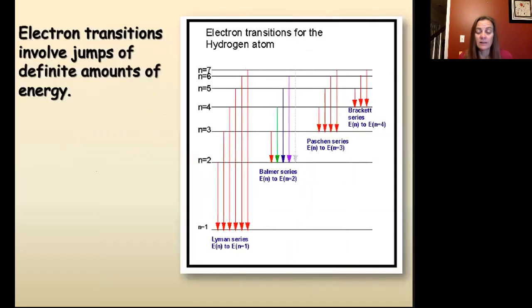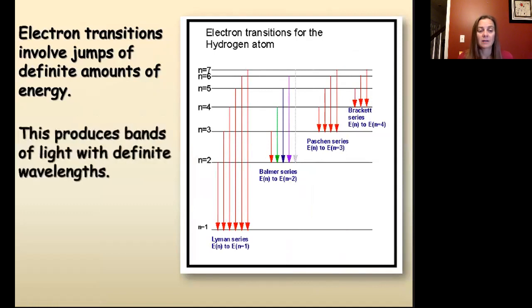So these are the spectra that we see for hydrogen. All the ones in red are outside of visible light, but these ones in the middle are the ones that we can see. So when you excite a hydrogen atom or a group of hydrogen atoms, it gives off all of these colors of light with definite wavelengths.